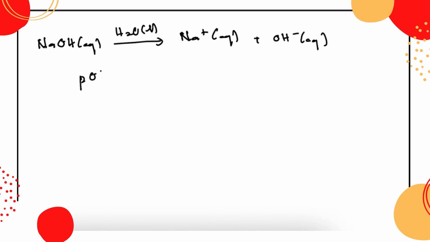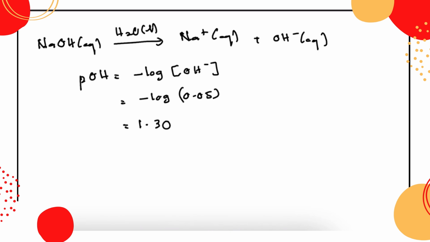So pOH is negative log OH minus, which is 1.30. So the pH is 14 minus 1.3, which is 12.6.